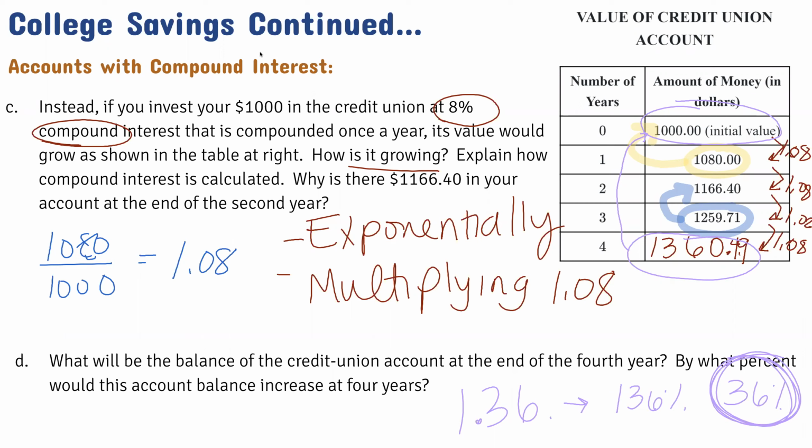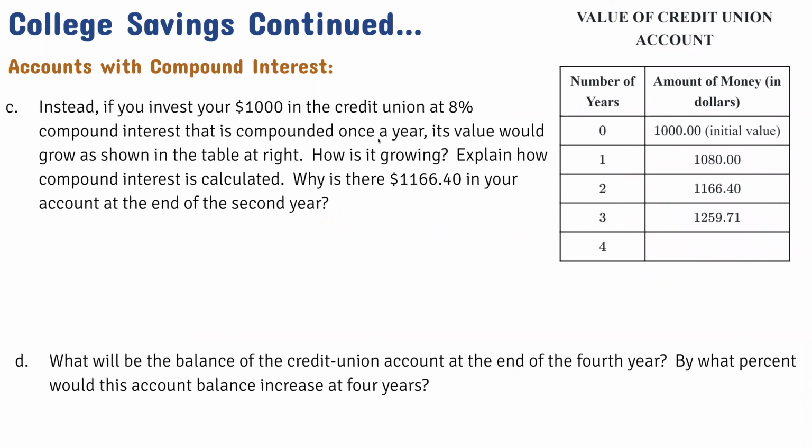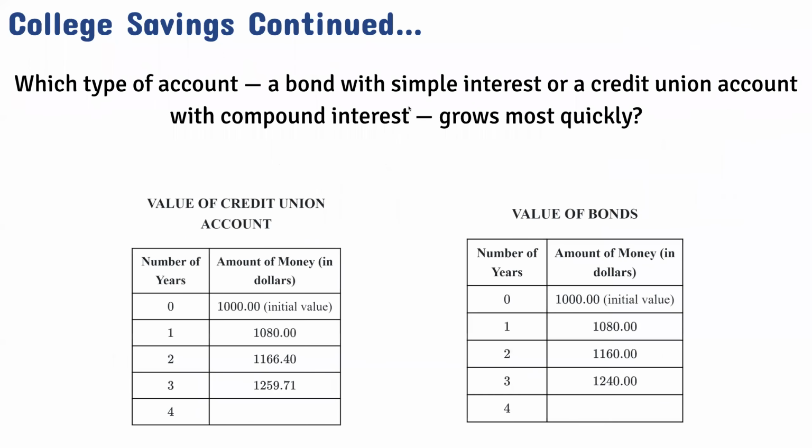So let's think about this all together. Now let's gather our thoughts. Which type of account, a bond with simple interest or a credit union account with compound interest, grows more quickly? Well, after experimenting and investigating these two, what was the percent increase for the value of the bonds? If I remember correctly, it was 32%, right?